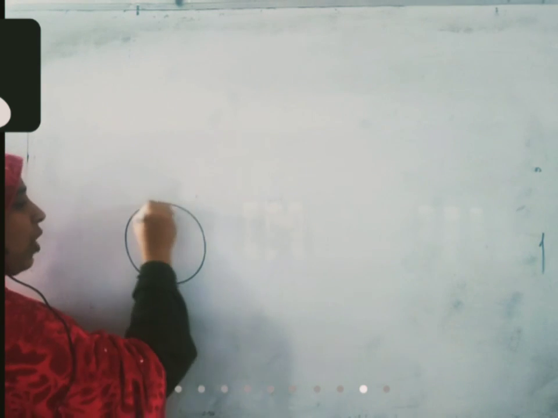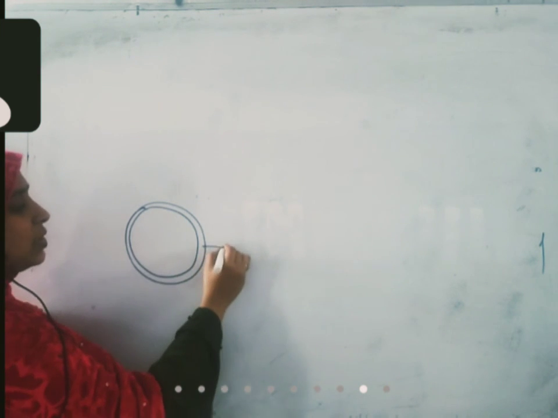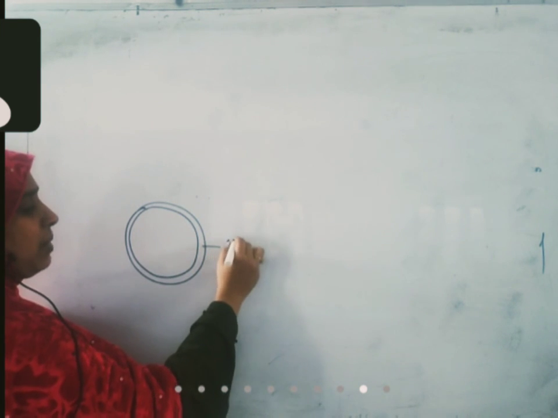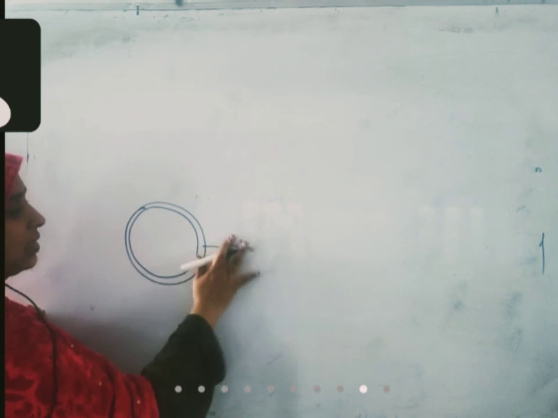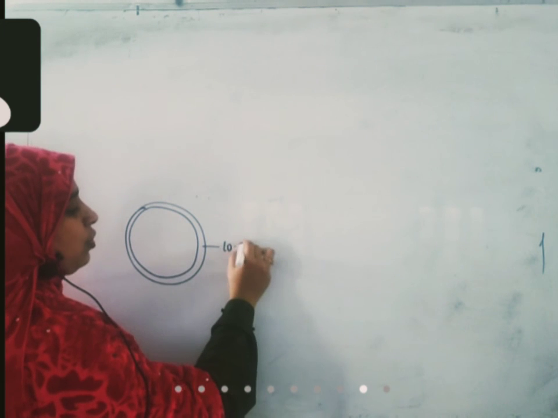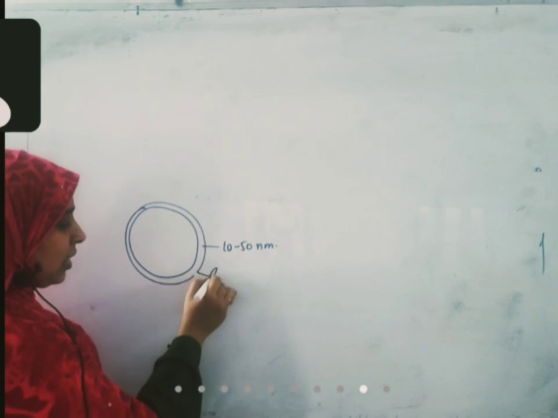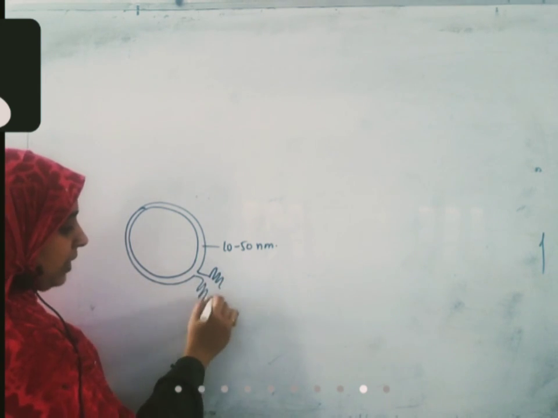One more point I forgot to say: between the outer membrane and inner membrane there is some space called the intermembranal space. This space is about 10 to 50 nanometers. And the outer membrane is continuous with the endoplasmic reticulum.